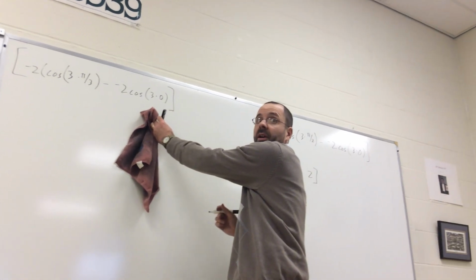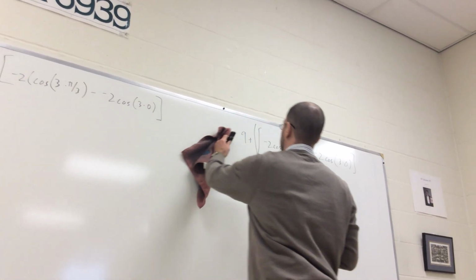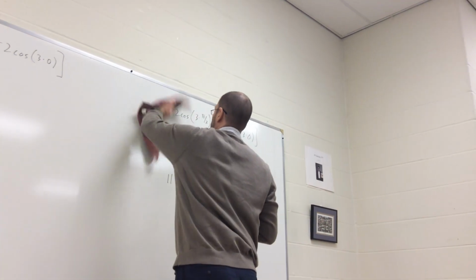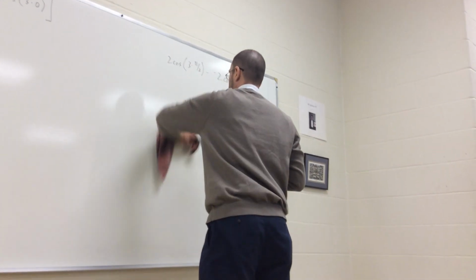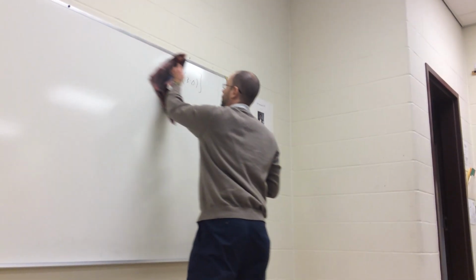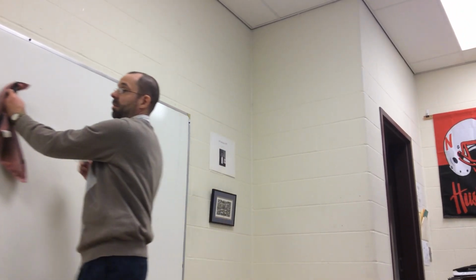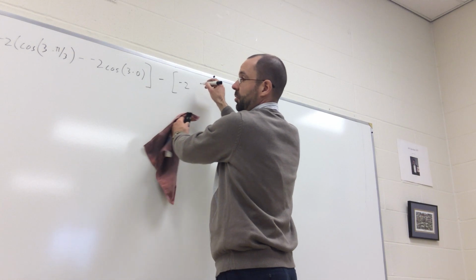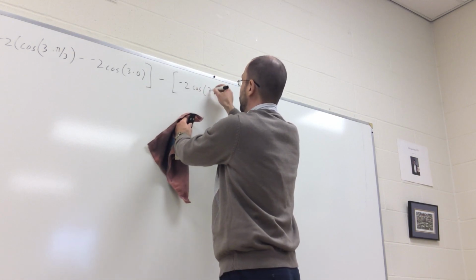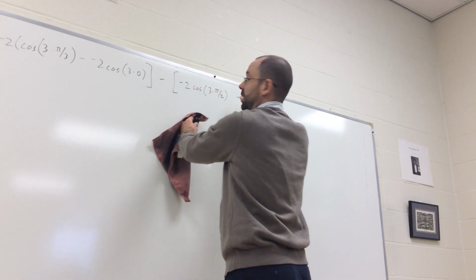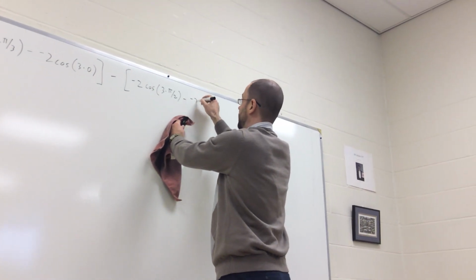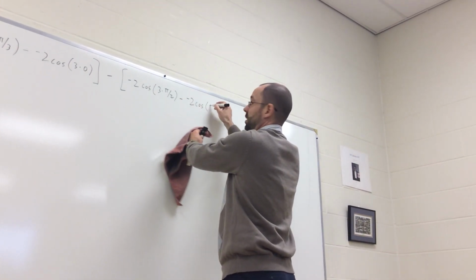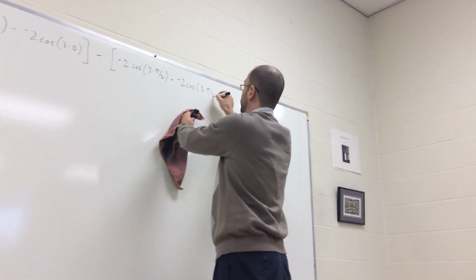That's the first integral, right? Minus negative 2 times the cosine of 3 times pi over 2 minus negative 2 times the cosine of 3 times pi over 3.